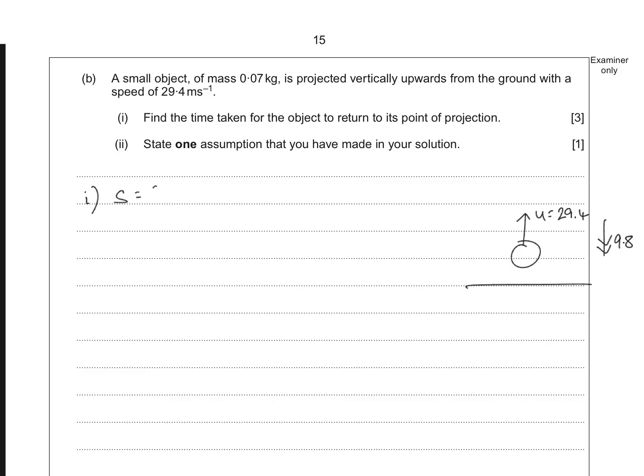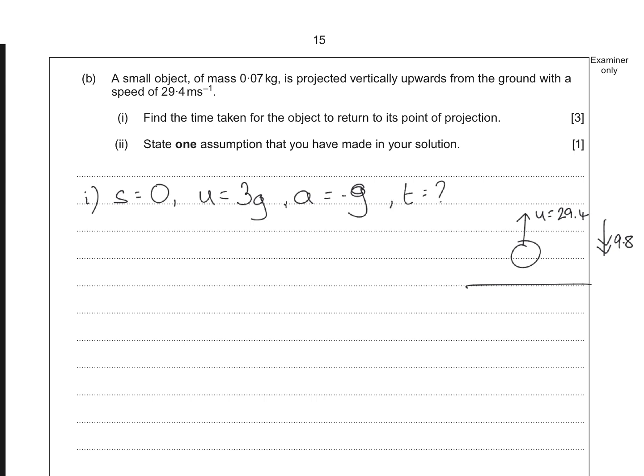So we know s is 0, u is 29.4, which for those who have done loads of mechanics questions, you'll know that a lot of the time they can be written in terms of g. 29.4 is 3g. a is minus g, and we want to find the time.